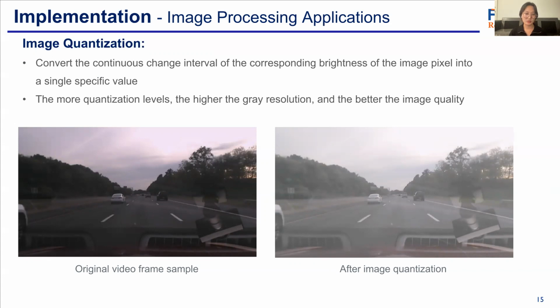The more quantization levels, the richer the image levels, the higher the grayscale resolution, and the better the image quality. On the contrary, the image contour layer phenomenon will occur, which reduces the image quality. The image on the right side is the image frame after gamma quantization.